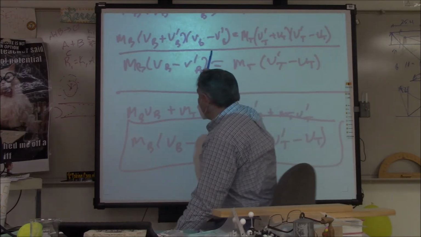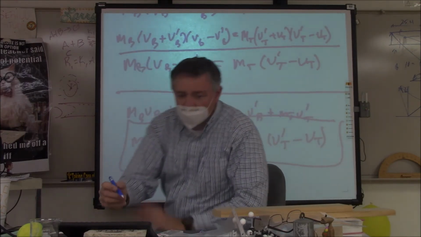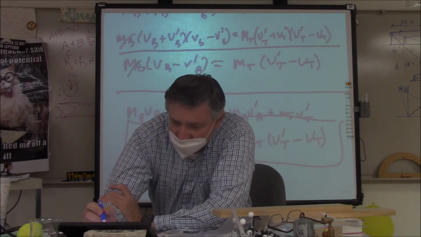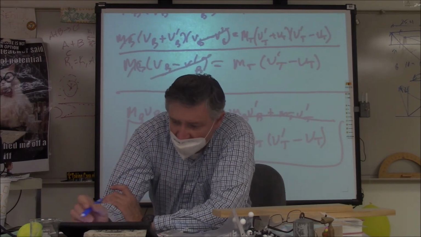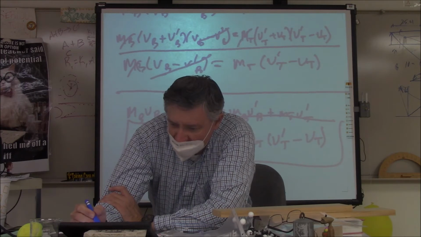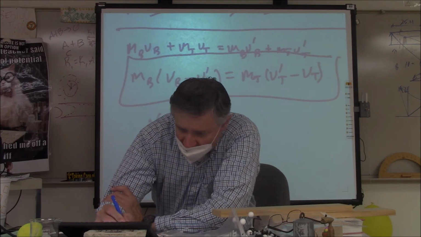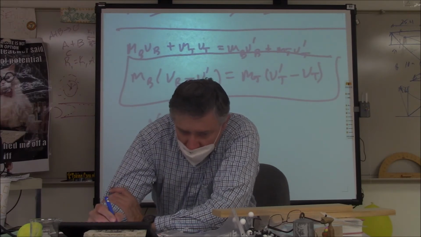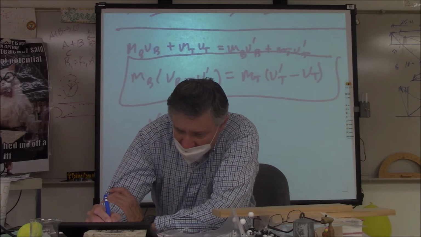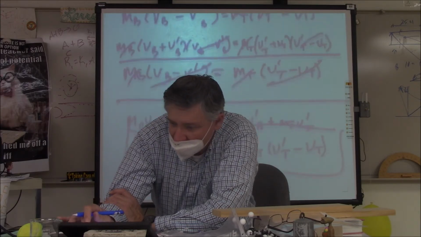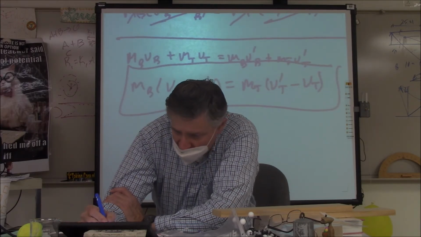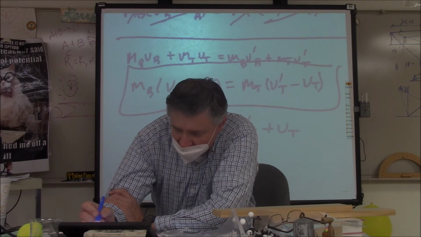Now, here's where this is going to simplify a lot. So at this point, I'm going to cancel out the mass of the bullet, and I'm going to factor out this whole thing. I'm going to lose the mass of the target, and then I'm going to lose this whole thing. So what I end up with is the velocity of the bullet plus the new velocity of the bullet is going to equal the new velocity of the target plus Vt.